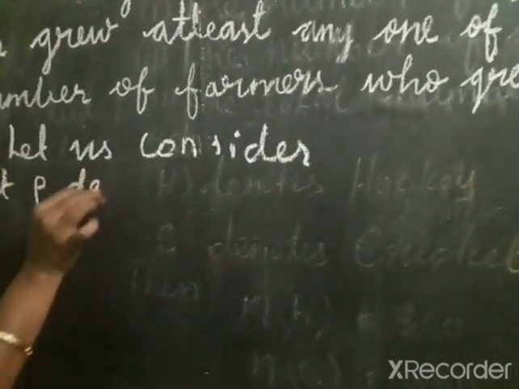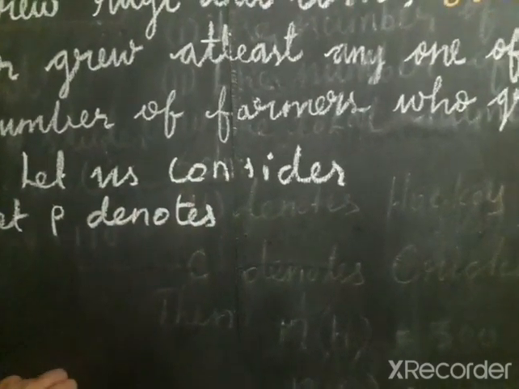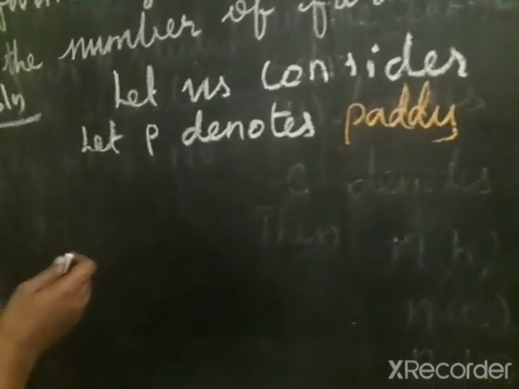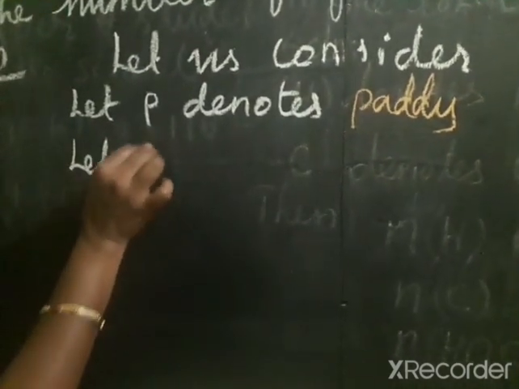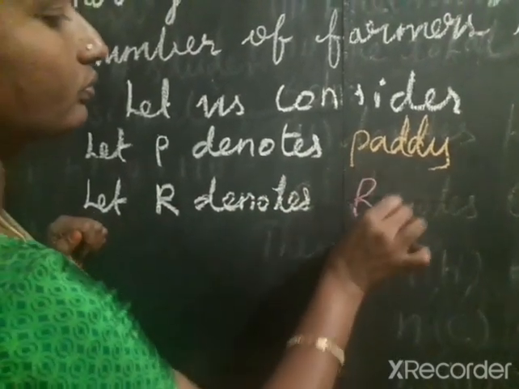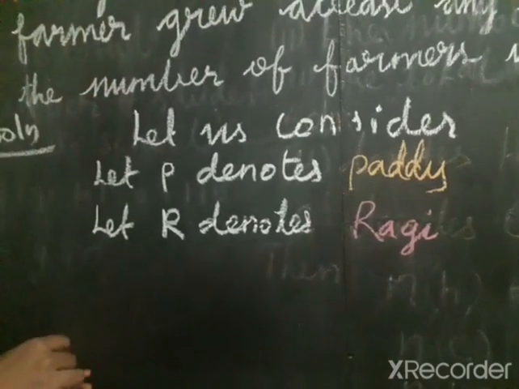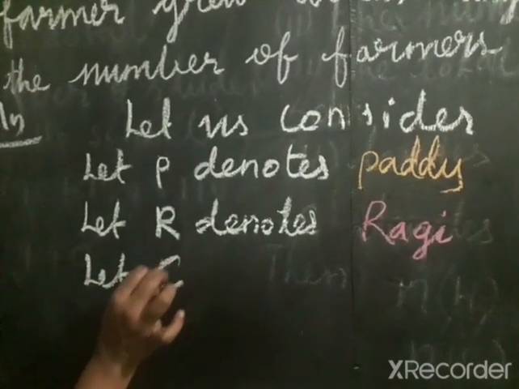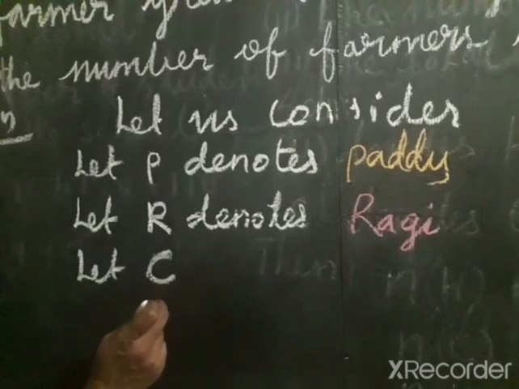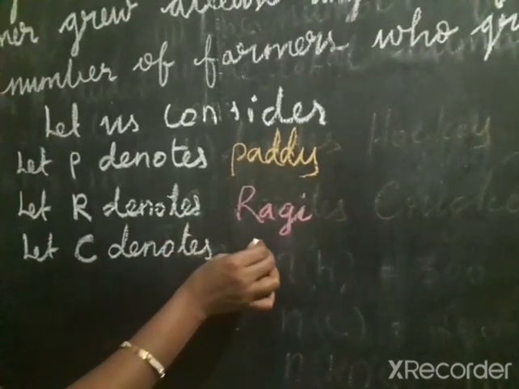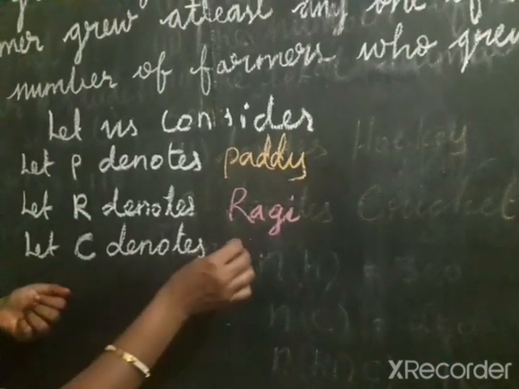Let R denote ragi. And the other plant is corn, let C denote corn, because the first letter is C. C denotes corn, C-O-R-N.